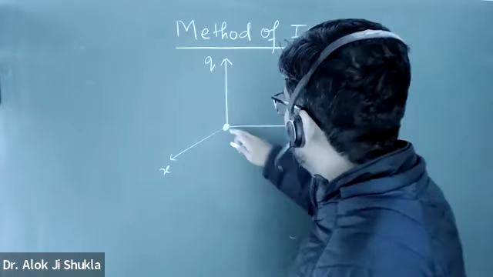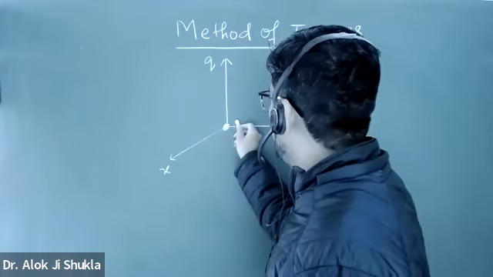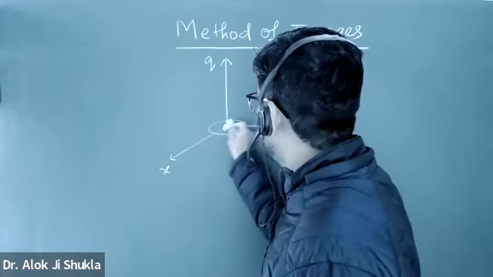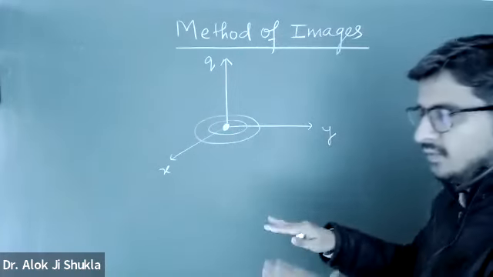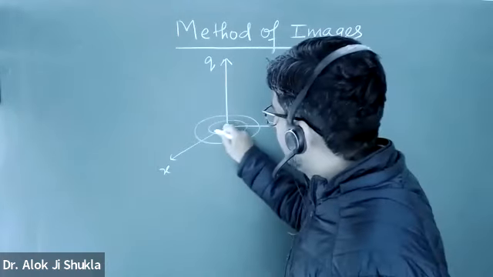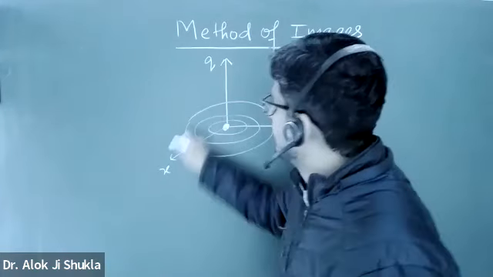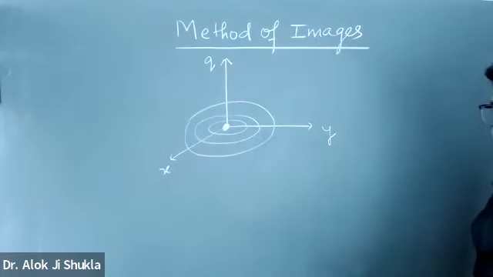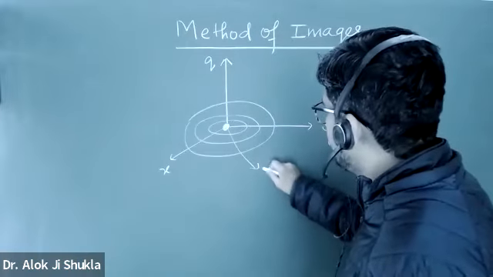So as we go further in the circle, it is not a sphere, it is a circle on the xy plane. Here charge density is maximum, but if you keep on going away from the center, the charge density will decrease. That is what I was saying. So this point will see maximum charge density.